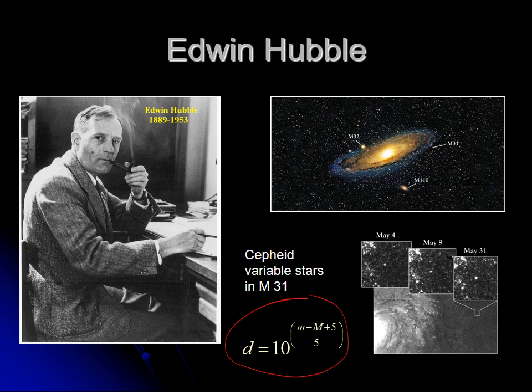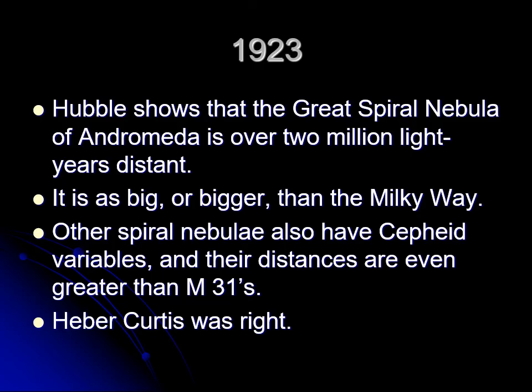And at this point, that's when the term galaxy came to be defined as something separate from universe. At one point, the galaxy was considered to be the entire universe. So Edwin Hubble shows that Curtis was in fact right, and so we finally had proof that the Milky Way is not the only structure of its sort in the universe.